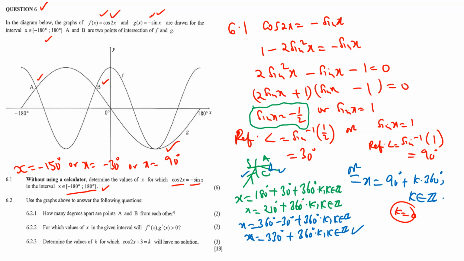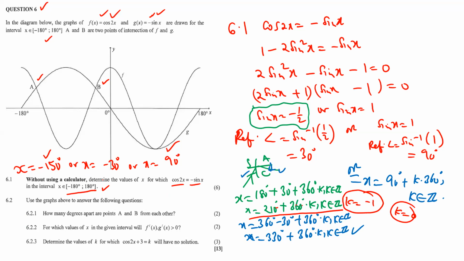So here, when we have k equal to minus 1, you put k equal to minus 1 here, where you have 210 plus 360 by k. So you put k equal to minus 1, it is going to be minus 360 plus 210, which is minus 150.